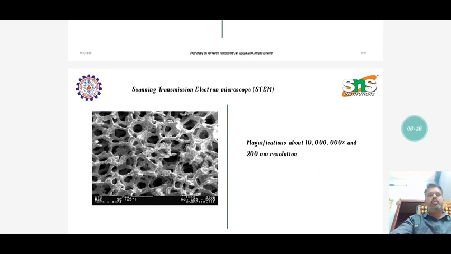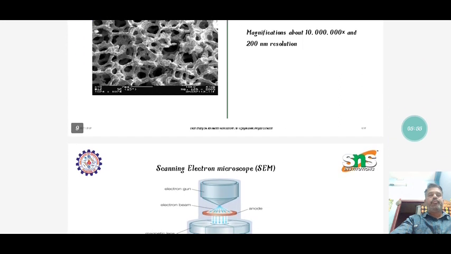This is a very advanced microscope used for research purposes. We can identify the topology, morphology, resolution range, thickness, everything from this type of microscope. The magnification is about 10 lakh times, and the resolution is in the range of 20 nanometers. So it is a high range of resolution.